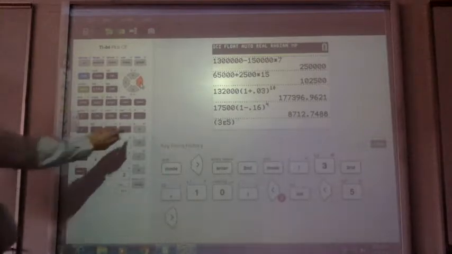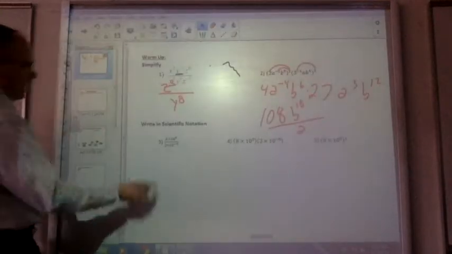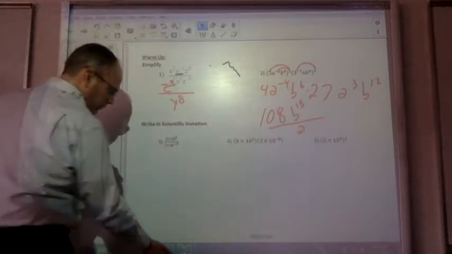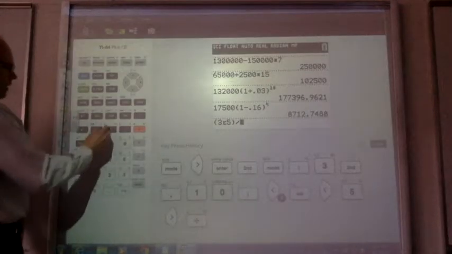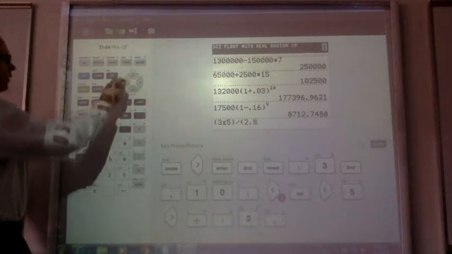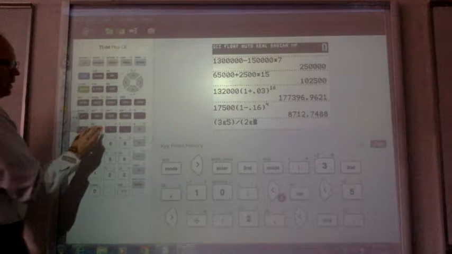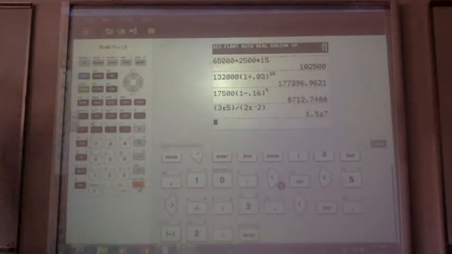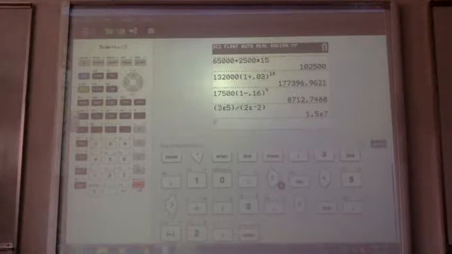Okay? Divided by 2 times 10 to the negative 2. Divided by 2e, and it was to the negative 2. Close that. Okay, so the answer to this problem is 1.5 times 10 to the 7th power.